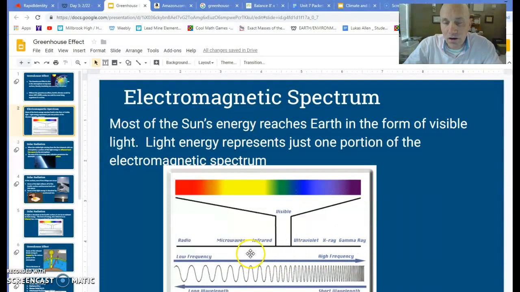But one thing our atmosphere does is block most of these other types of waves, and that's a good thing because especially the ultraviolet, X-rays, and gamma rays would be pretty damaging to us. So most of the light that reaches the Earth is what we call visible light, and the reason it's called visible light is that it's the type of light our eyes can see.